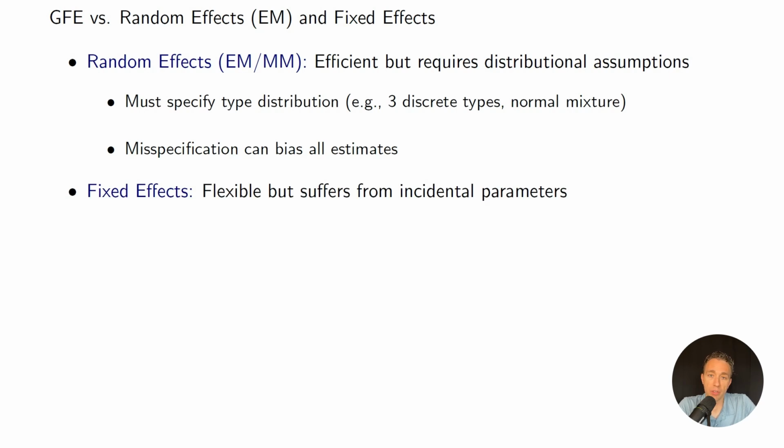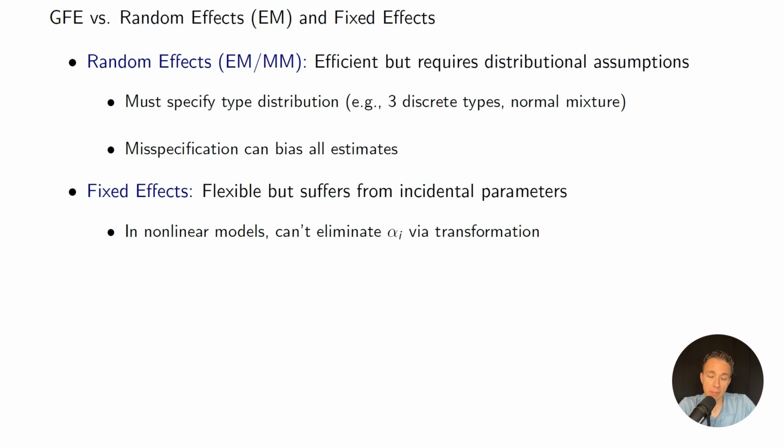If we just want to do regular fixed effects, that's highly flexible, but then it suffers from a problem called incidental parameters, which is the case when nonlinear models try to have a fixed effect in them. And the reason that that's a problem is because the fixed effect can't be eliminated using the within transformation.